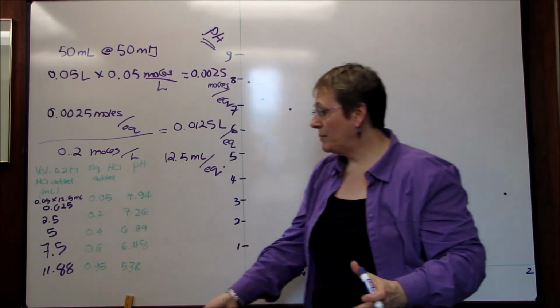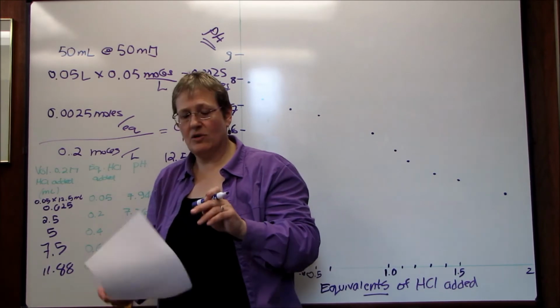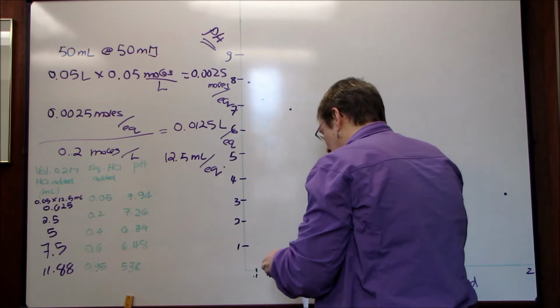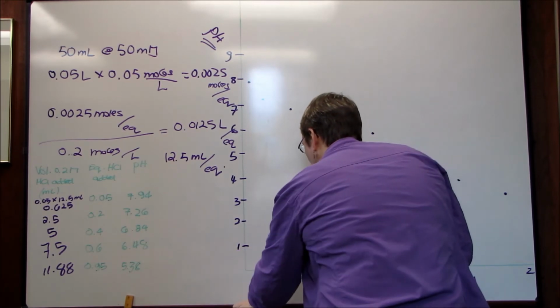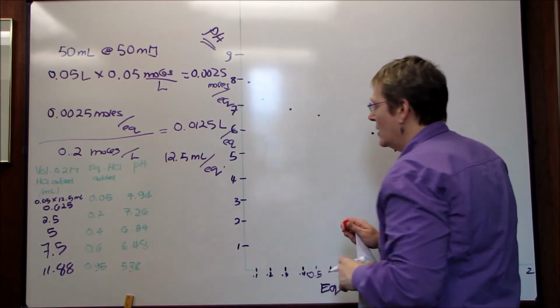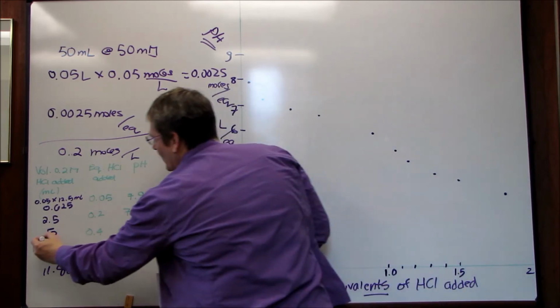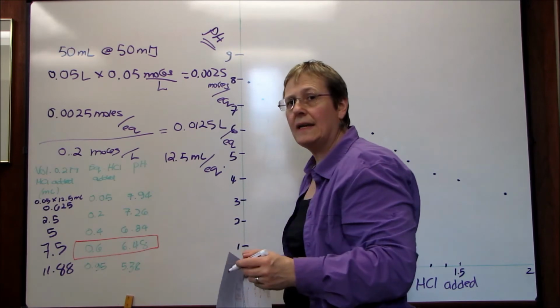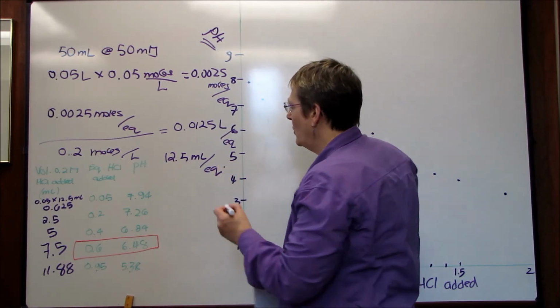I would really like to put the pKa's on there, but I don't have them right now, so I have to figure them out. So let's see how we could do that. We'll take any point here, for instance, at 0.6 equivalents added, I was at a pH of 6.48.